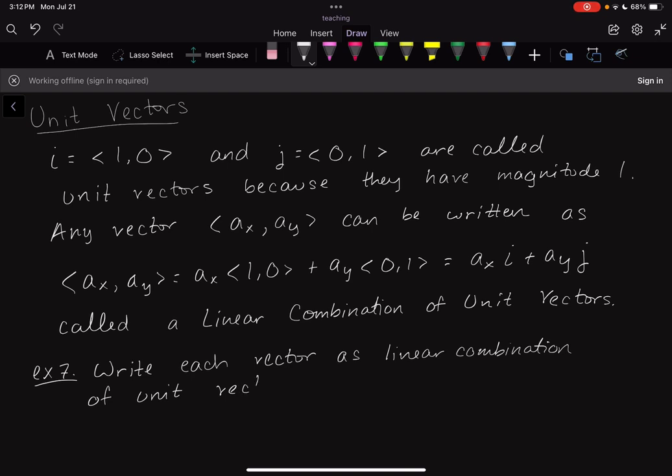I think what really throws people off is linear combination because it sounds crazy. But really, linear just means x and y. And then a combination of the two, you're just adding them together. So you're basically taking your vx and your vy and you're writing them in a different way where you add them together instead of putting a comma.